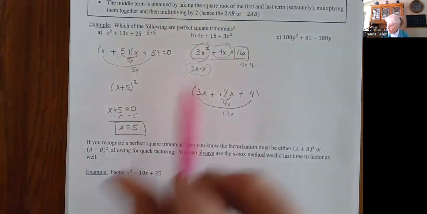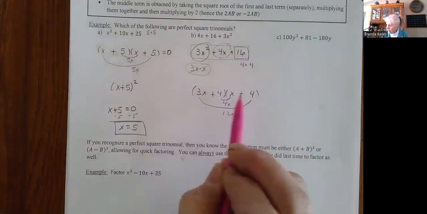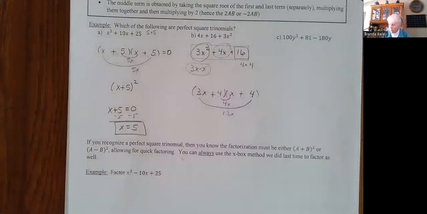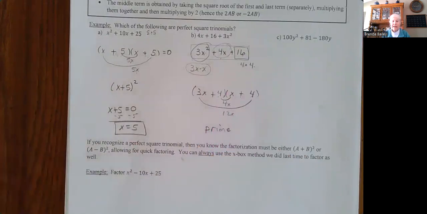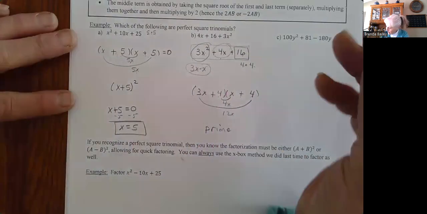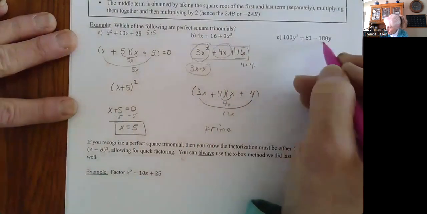And even if you tried 16 and 1, you're still not going to get 4x. So in this case, it's prime, and it's not a perfect square trinomial. All righty. Now the last one, is that a perfect square trinomial? So here we have to rearrange it.